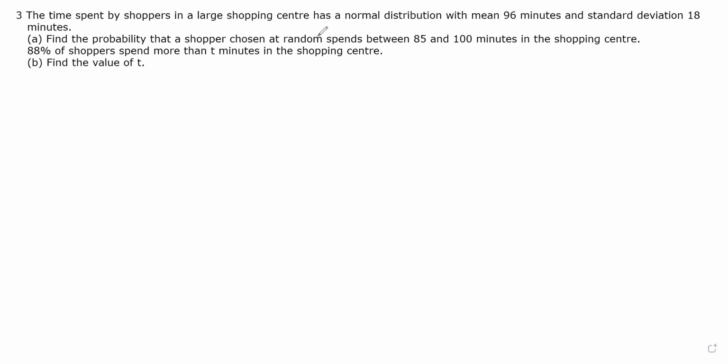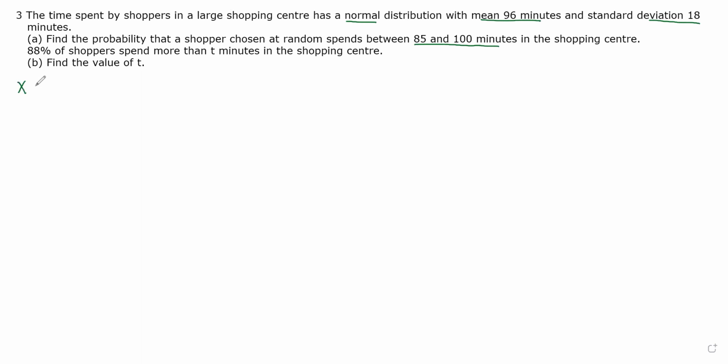The time spent by shoppers has a normal distribution with a mean of 96 minutes and a standard deviation of 18 minutes. Part A, find the probability that the shopper chosen at random spends between 85 and 100 minutes in the shopping center.